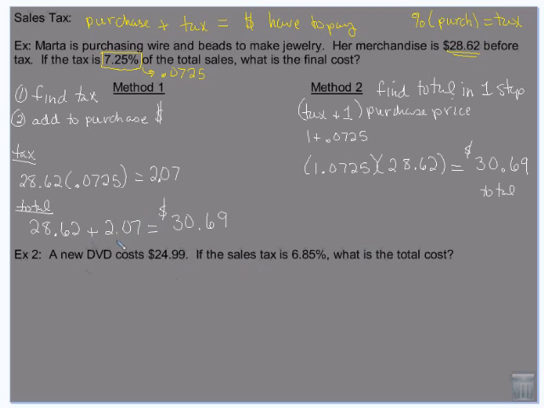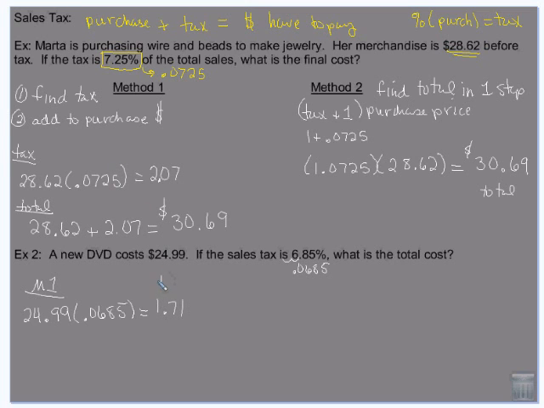We'll do this again. My tax, I move 2 over, so it's 0.0685. If I do method 1, I do 24.99 times my tax. And I get $1.71.